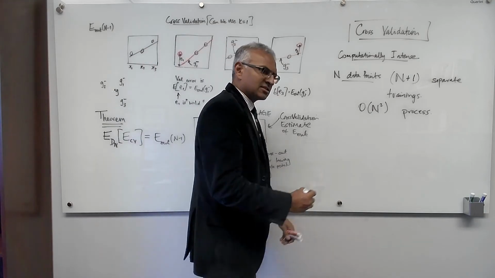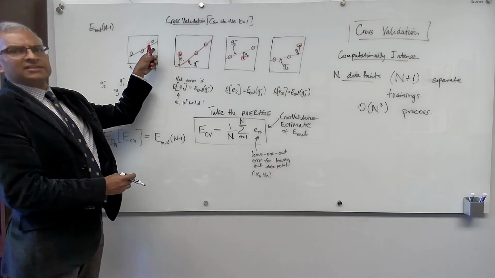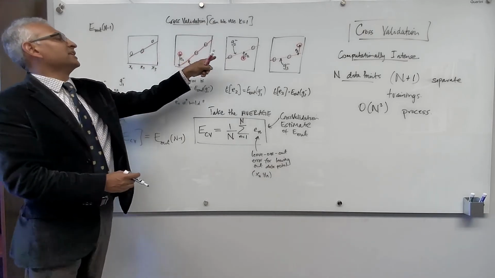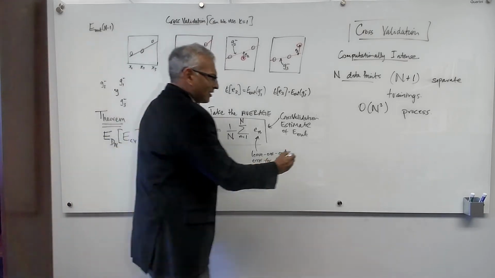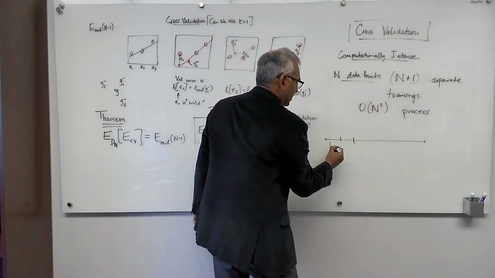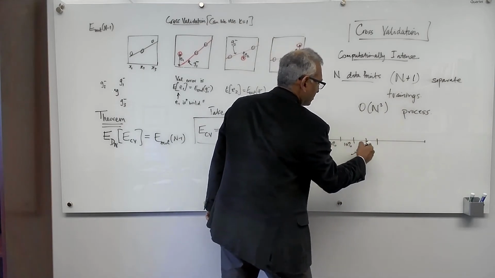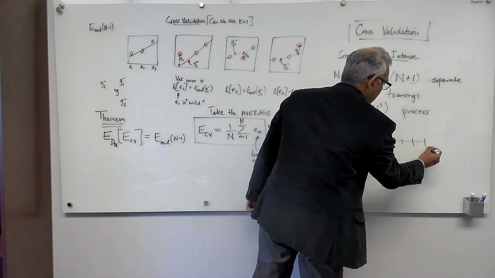Tenfold cross-validation says, okay, don't leave out one data point at a time. Leave out 10% of your data at a time. So if you have all your data, you leave out 10% of your data. And so there are 10 separate 10%: 1, 2, 3, 4, 5, 6, 7, 8, 9, 10.